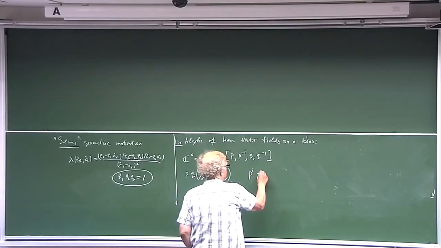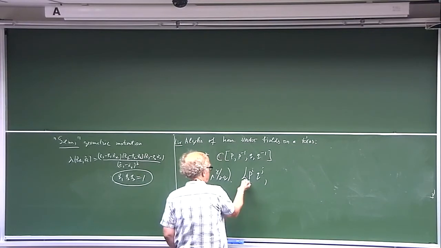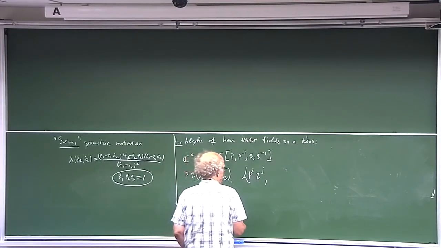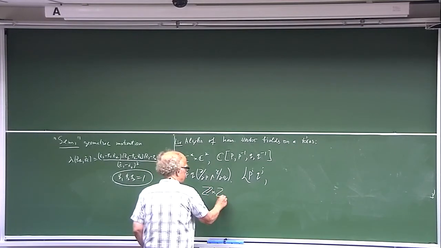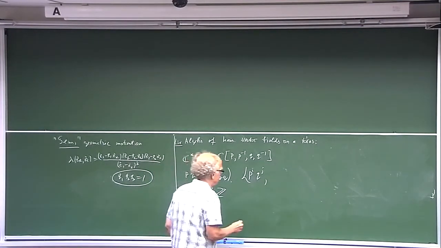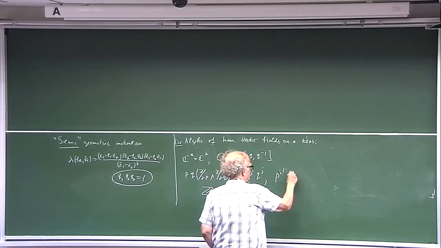So we have the algebra with the basis P^i Q^j. The basis is labeled by two-dimensional vectors. And so we have P^i Q^j, P^i' Q^j'.